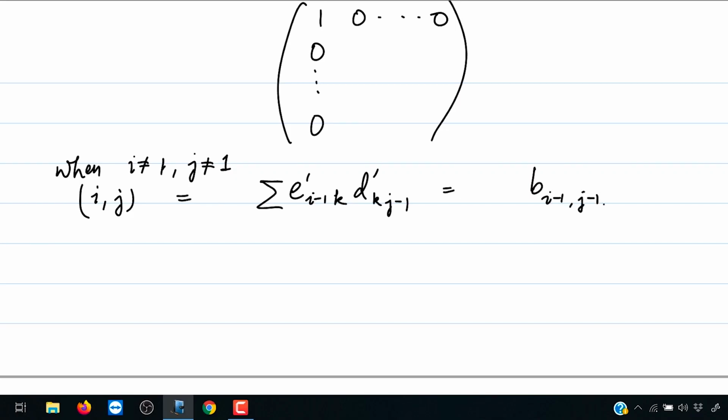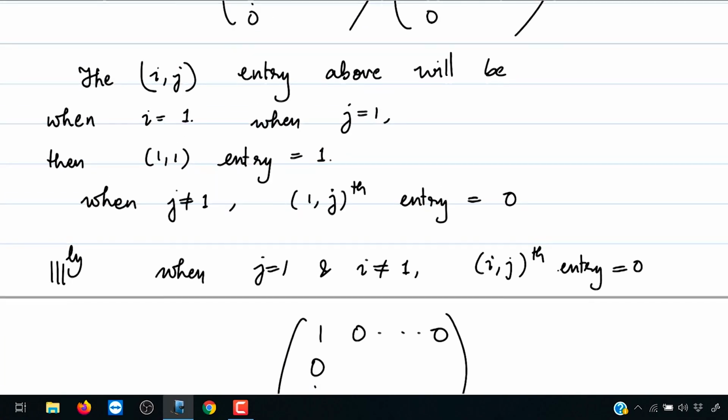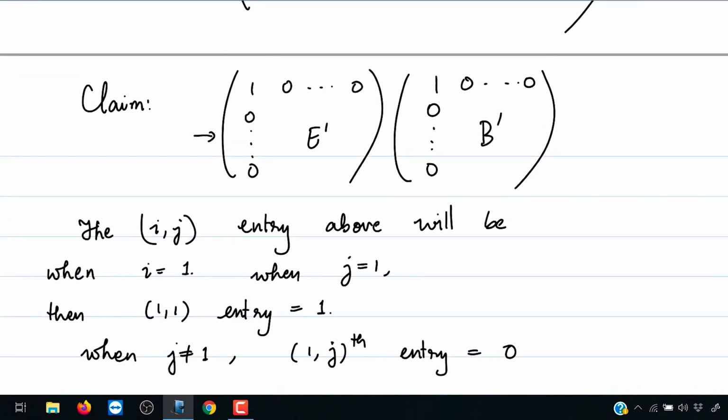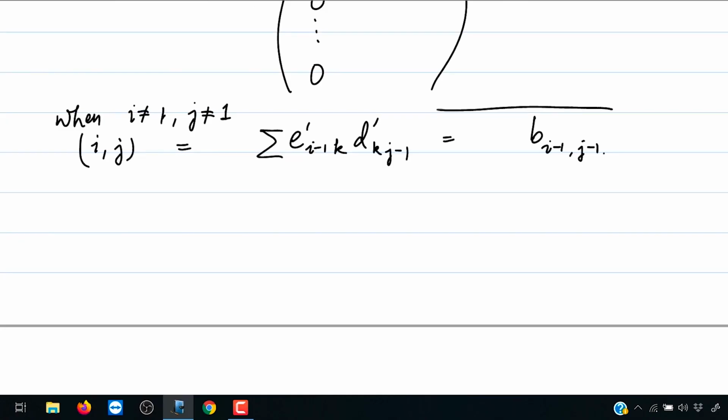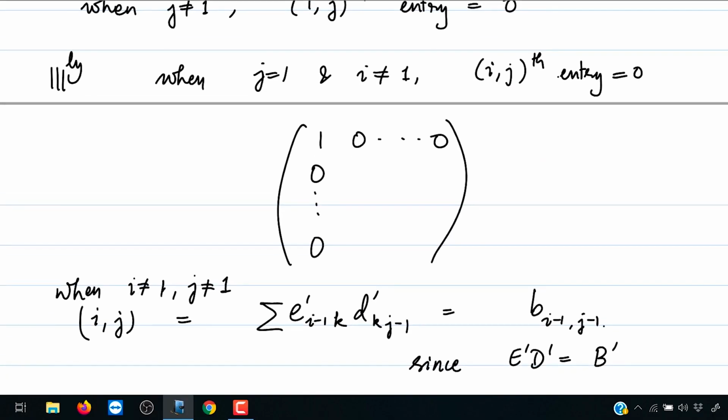That is precisely how we get this entry: since E prime times D prime is equal to B prime, this gives us this particular entry, and hence the matrix here will just turn out to be equal to the matrix B prime.